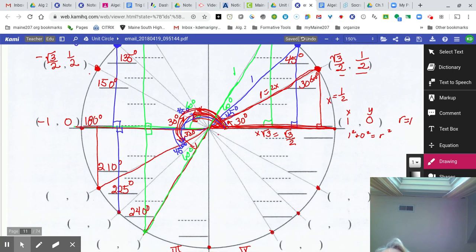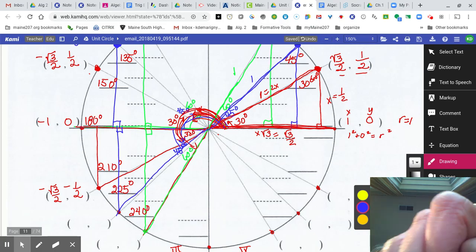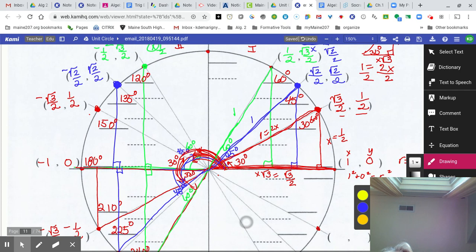In other words, if this is my 30 degree reference, then these ordered pairs are exactly the same: the square root of 3 over 2, 1/2. But I have to remember that I moved left and down, so I have a negative for both coordinates. If the blue one is my 45 degree reference triangle, coming from here, then my ordered pair is exactly the same.